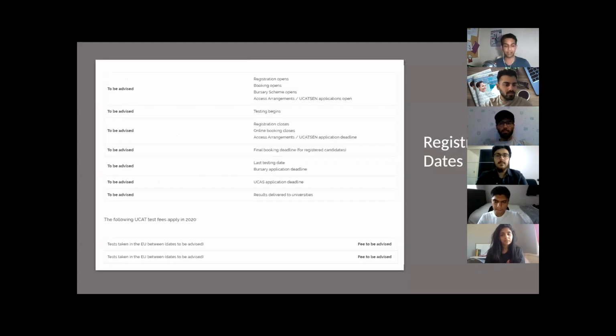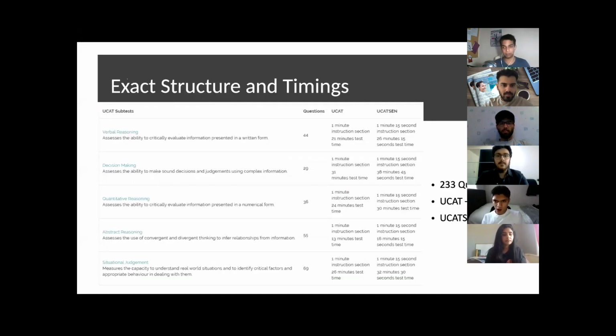Moving on to registration dates, which is slightly different this year because of the pandemic. So as of this moment, there are no specific dates that UCAT have mentioned. Generally speaking, it is within July to October.